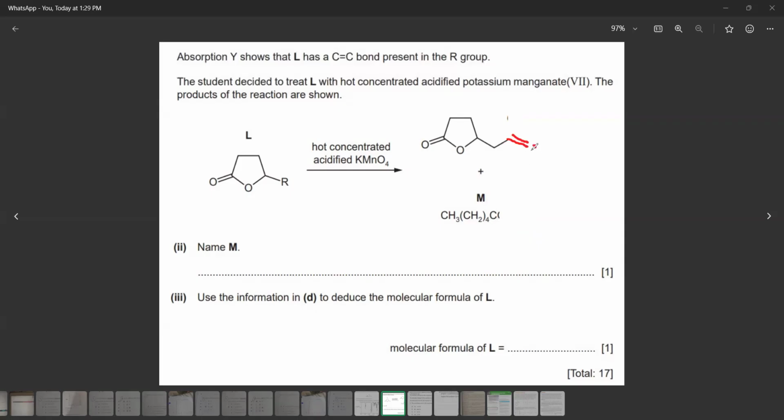Then this carbon is there with one hydrogen, and then there are a total of 5 remaining. So if I draw a skeletal formula, 1, 2, 3, 4, 5. This is the original structure of the compound. Is it clear?